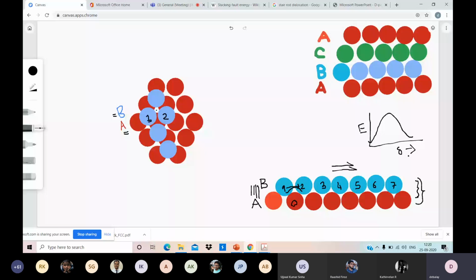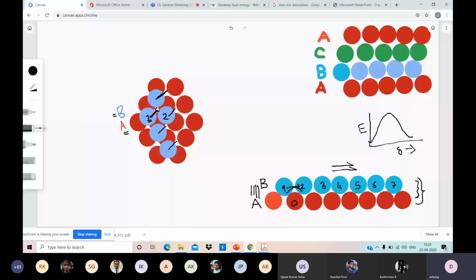So what I am telling is, the easier option is for this atom to move along the groove and reach the C position. Accordingly, all these B atoms will move into C position. The entire set, instead of moving from B to B, is moving from B to C.